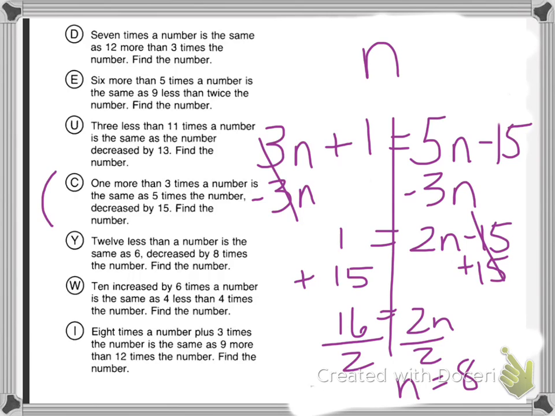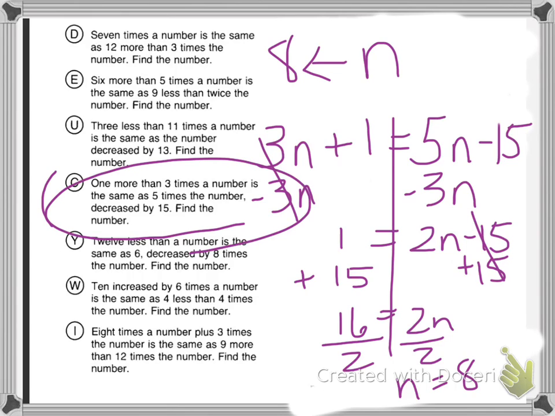Now we're going to find out. Is n equal to 8? Come back to this problem. Don't look at your process. Don't plug in the value of 8 here and here. We want to run through the scenario, and I'm going to just be confident here and assume I didn't screw up.